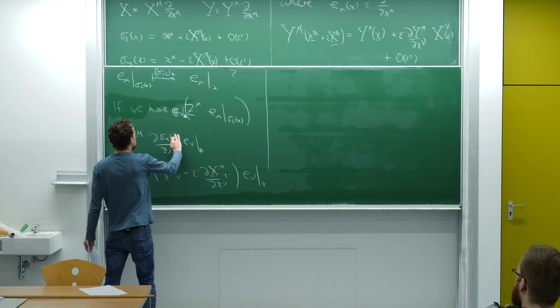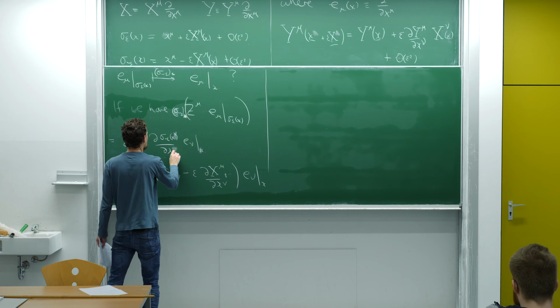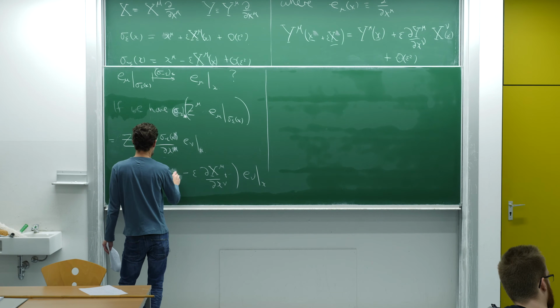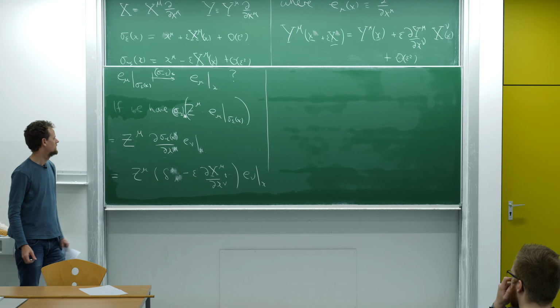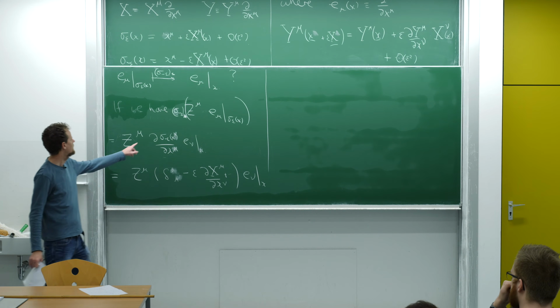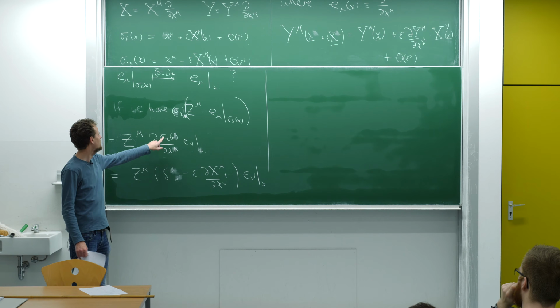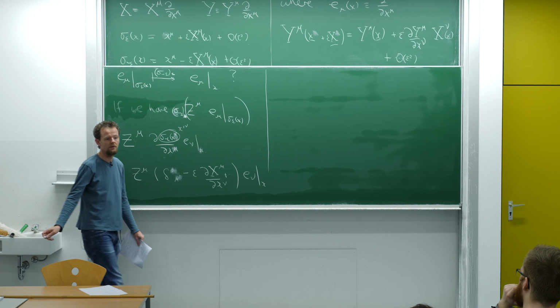I think I've got my indices the wrong way around. That looks a bit better. For this we do, for the Jacobian. So this is defining the coordinates x prime nu.